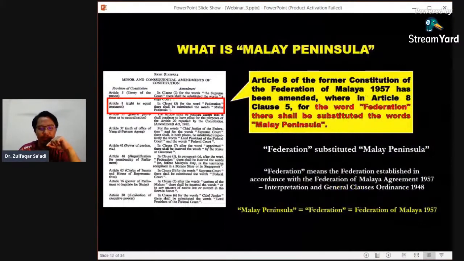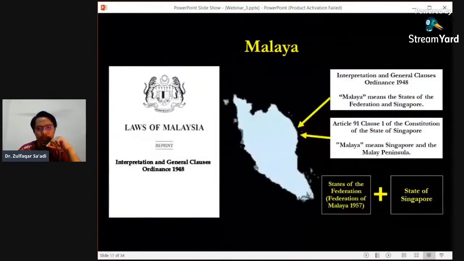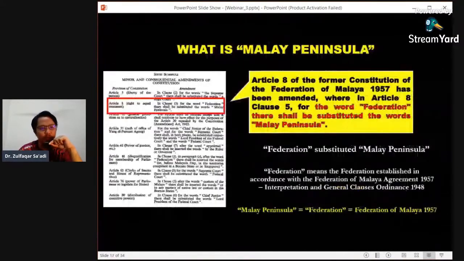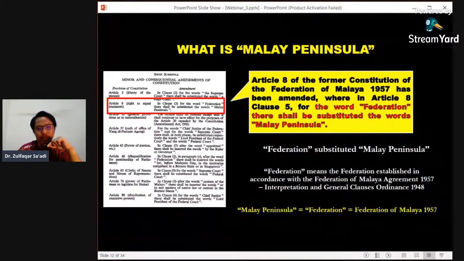What is the Malay Peninsula? If we look at Article 91, Clause 1 of the Constitution of the State of Singapore, Malaya means Singapore and the Malay Peninsula. What is the meaning of Malay Peninsula? For the meaning of Malay Peninsula, you look at the Malaysia Agreement 1963, at the sixth schedule. You look there at Article 8, Right to Equal Treatment.